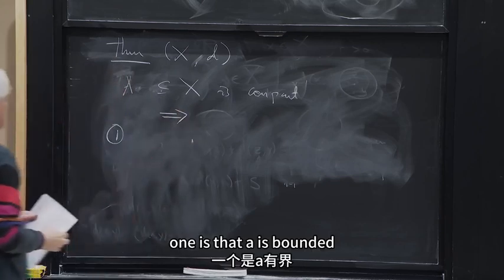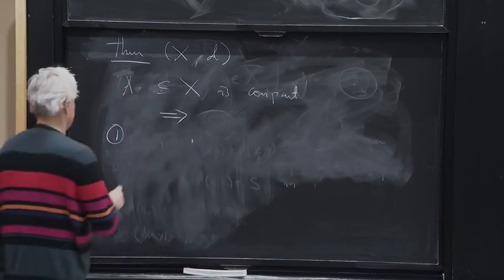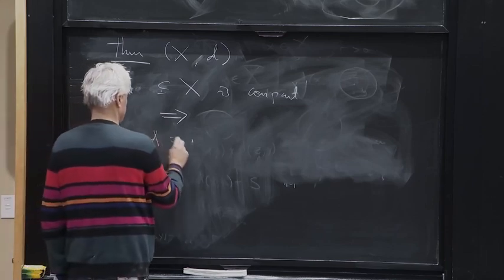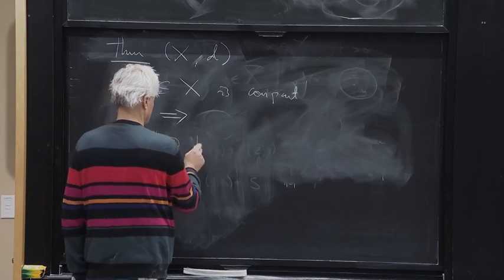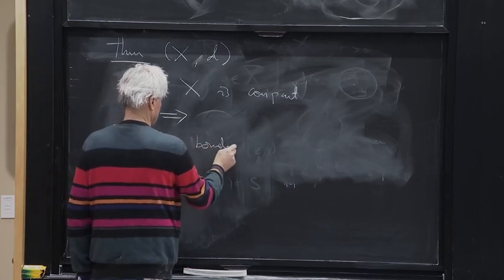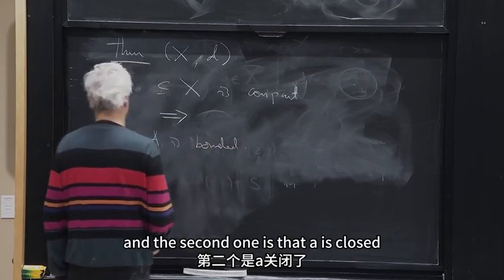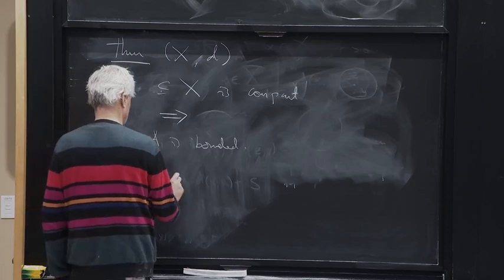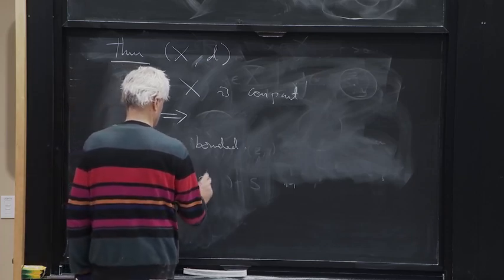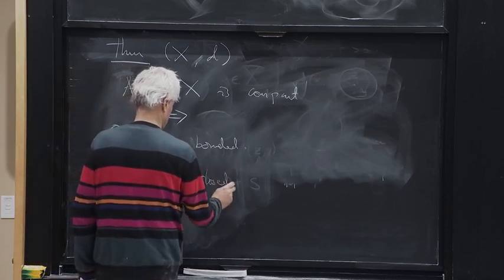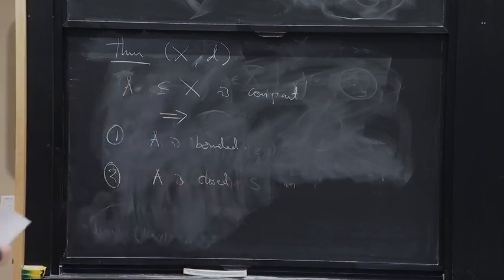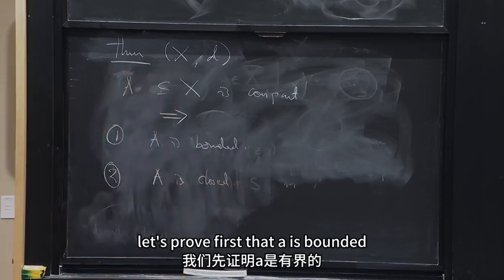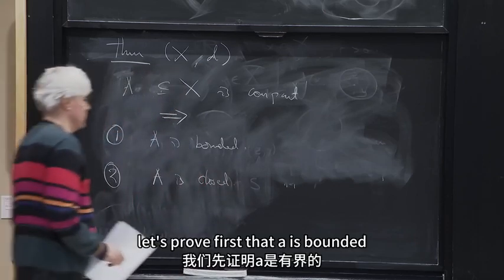One is that A is bounded, and the second one is that A is closed. Let's prove first that A is bounded.